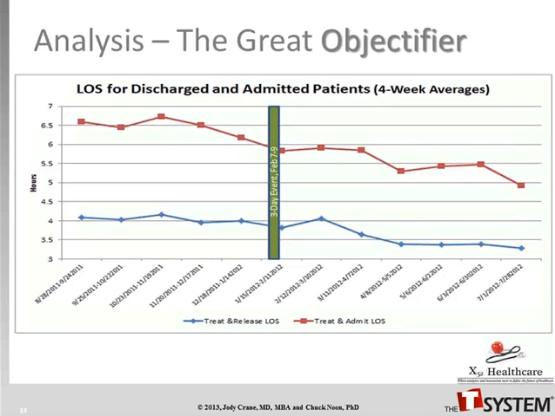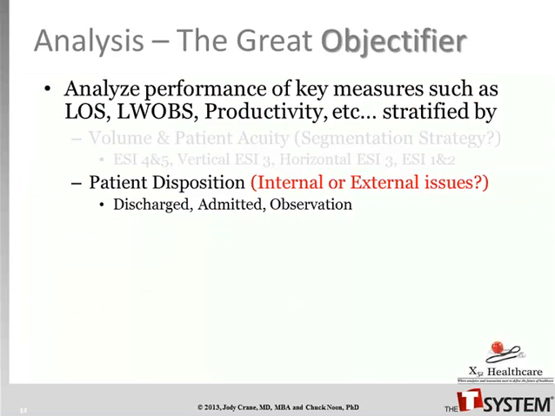And that could be a number of things that you have to do to wrap up that patient in the ER, or it could be elements on the inpatient side and the responsiveness to needing a room.